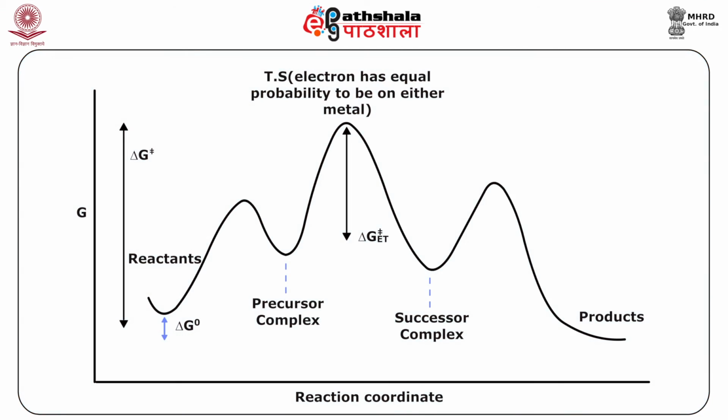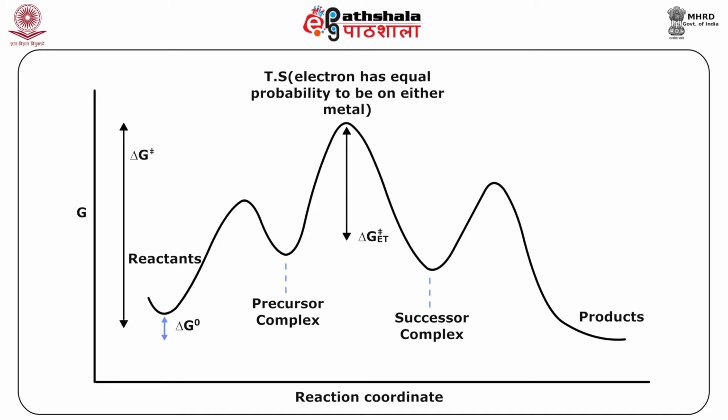Therefore, the thermodynamic energy profile diagram for an outer sphere kind of reaction is like that. The reactants, which are minimum in energy, then go to a higher energy, and then form a precursor complex, so it comes down. The energy is minimized. Then again there is a transition state formation where the electron transfer process takes place. Now they adjust their bond lengths like that.